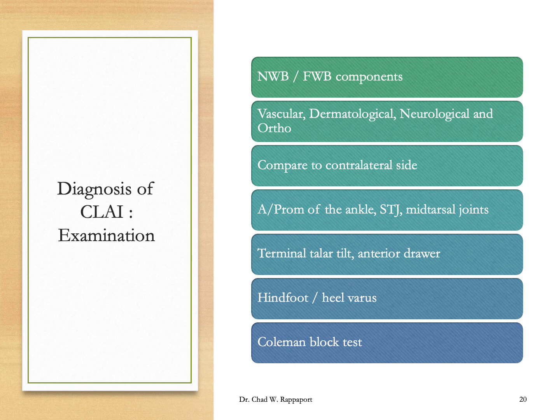A terminal clinical talar tilt and anterior drawer is performed and compared to the contralateral side. And any note of hindfoot or heel varus should be further explored with both muscle strength testing of the lateral compartment and a neurological exam that is often used in conjunction with the Coleman block test.